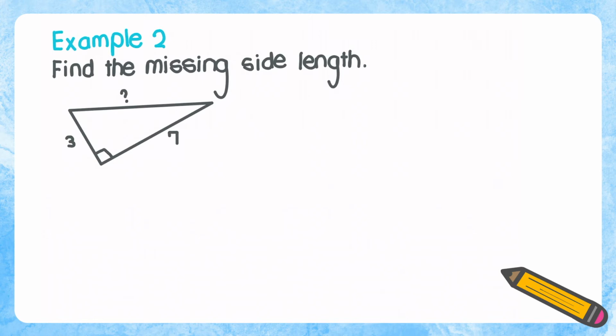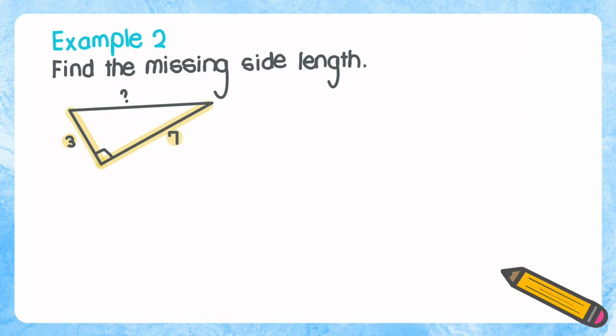Regardless of which way the right triangle is facing, the hypotenuse is always the side opposite of the right angle. So with that being said, let's find the legs and let's find the hypotenuse. The lengths of the legs in this example are given.